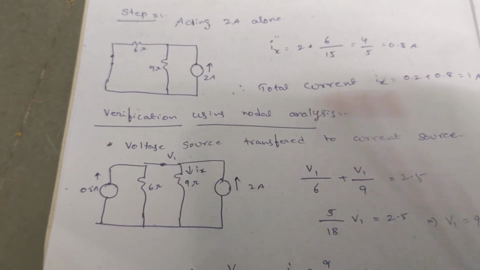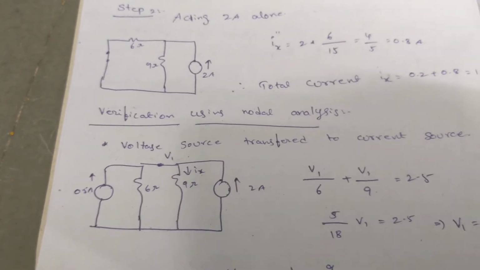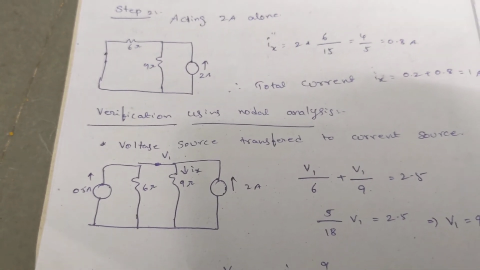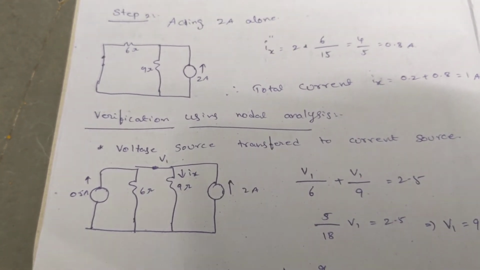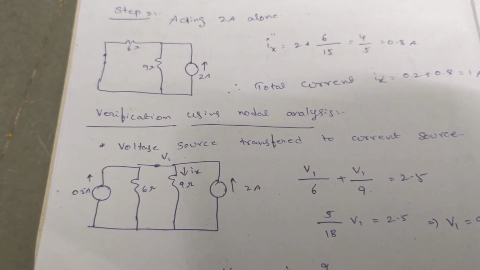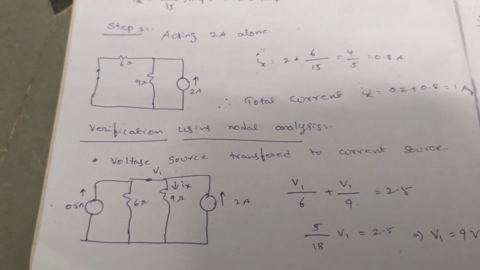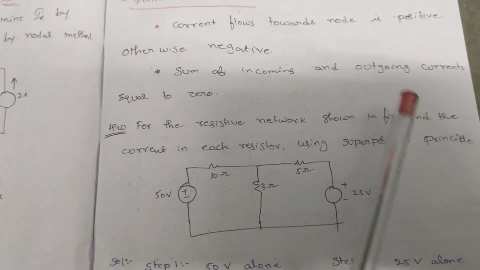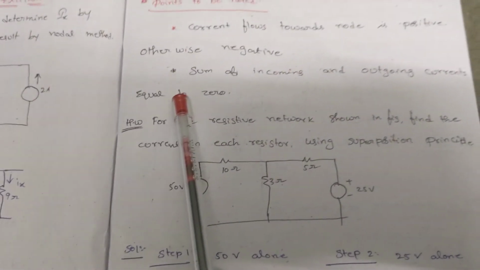By applying nodal analysis, whatever current is flowing towards the node is positive, and if it is flowing away from the node, it will be considered negative. The sum of incoming and outgoing currents at a node or junction should be equal to 0.